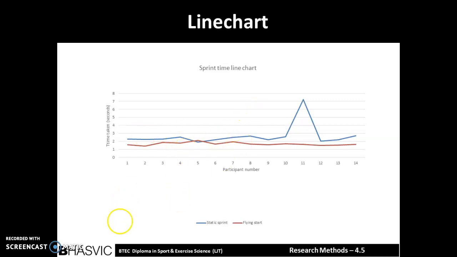You can see that the highest score overall was number 11. And this would also show if there were any outliers, which I believe number 11 probably is, considering everyone else is quite similar in results apart from one reading.